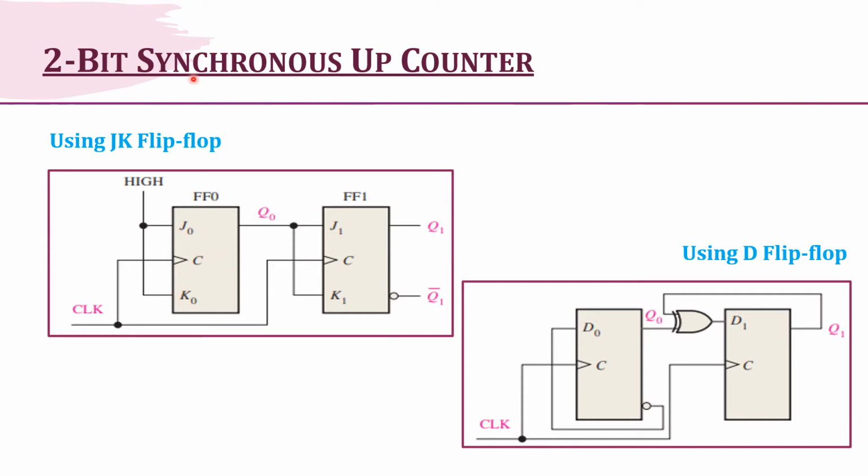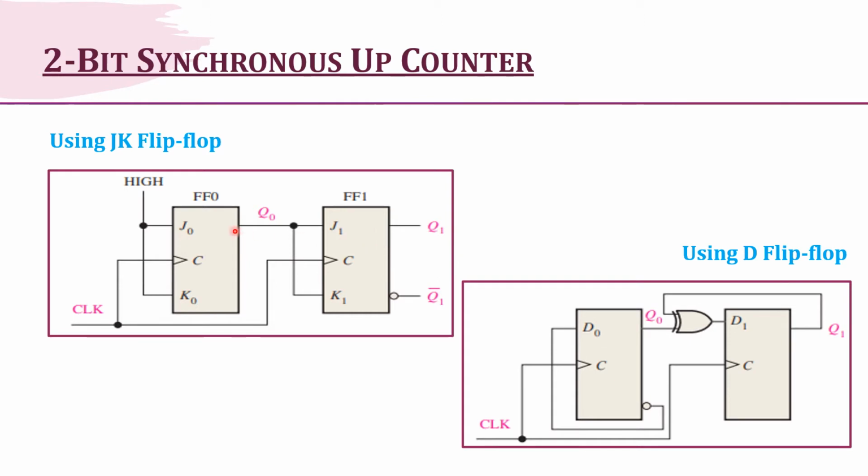Since it is a synchronous counter, both these flip-flops are triggered by the same positive edge triggered clock. And since it is an up counter, the Q0 output of the flip-flop is connected as the J and K input values to the next flip-flop in the chain.